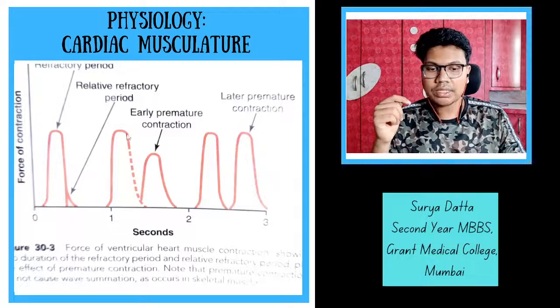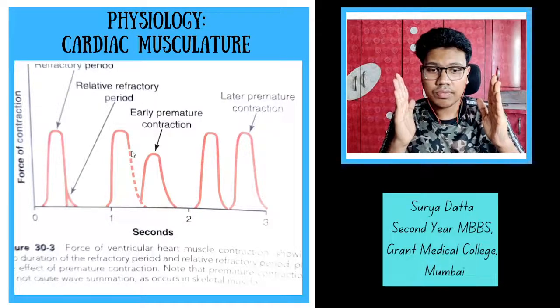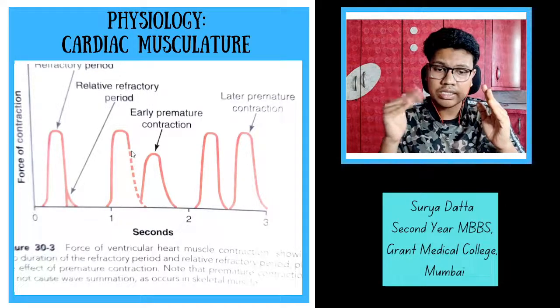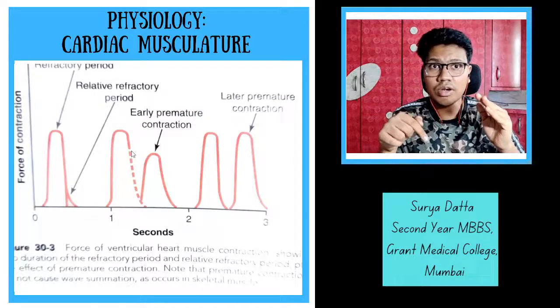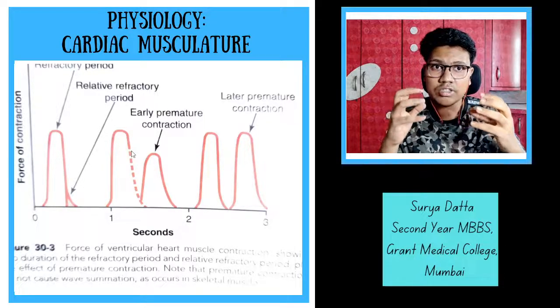So what happens is that the refractory period is basically like a recovery period. The heart is recovering. And if you give a premature contraction, that means you're giving a nerve impulse in the middle of a relative refractory period, then the heart hasn't recovered completely.